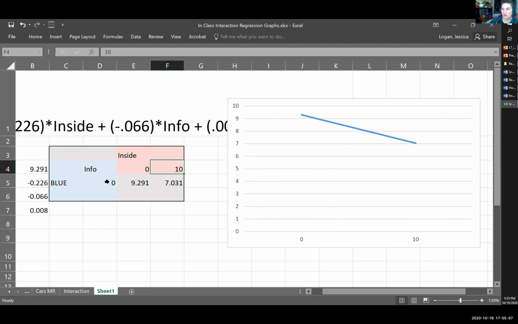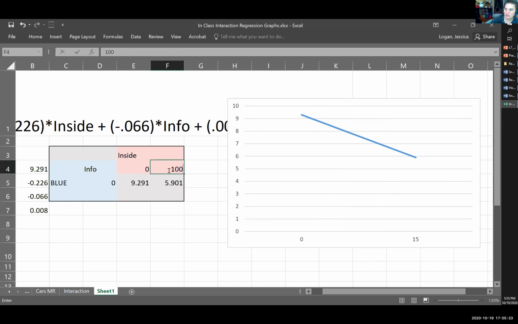You have information about when one of these is 0, not the other one. So if I change this from 0 to 10, if I make it longer, this slope is changing, but the slope is the relationship of info with the outcome.